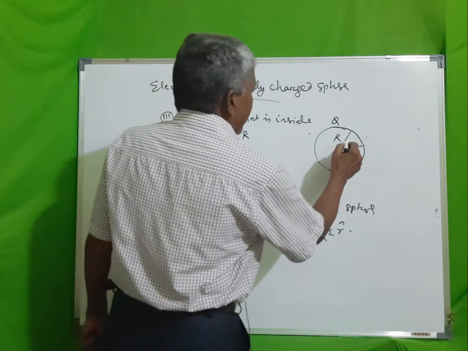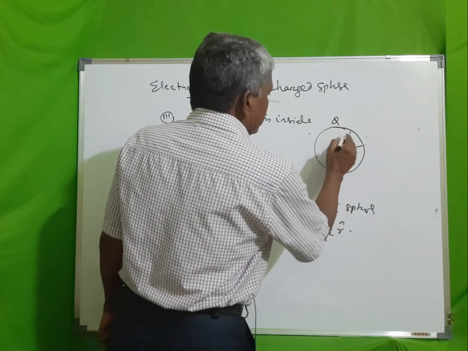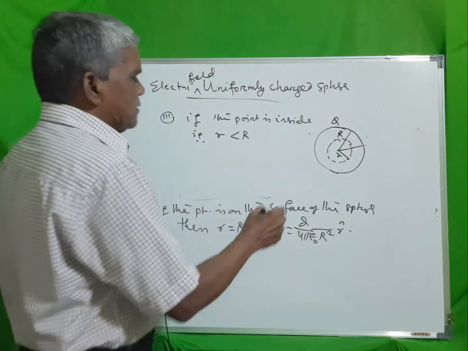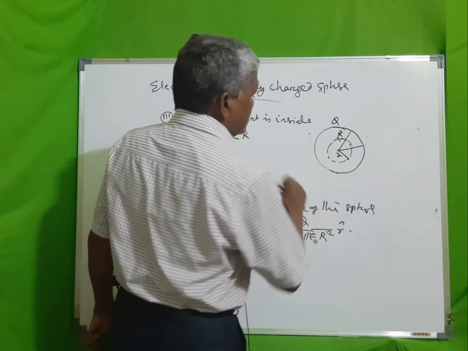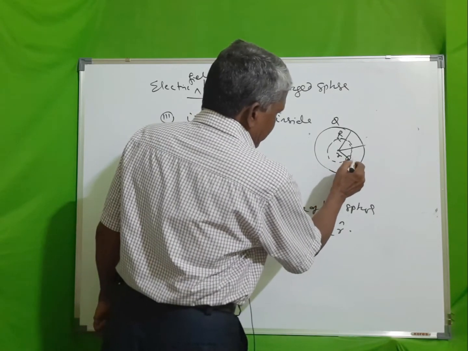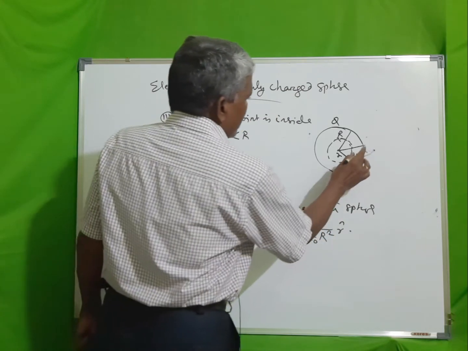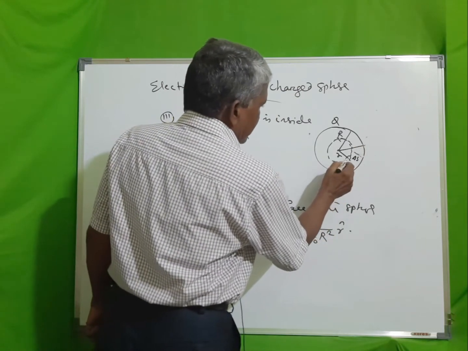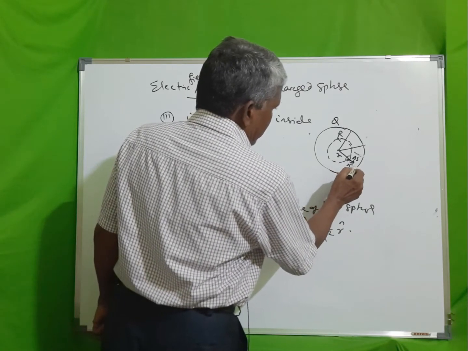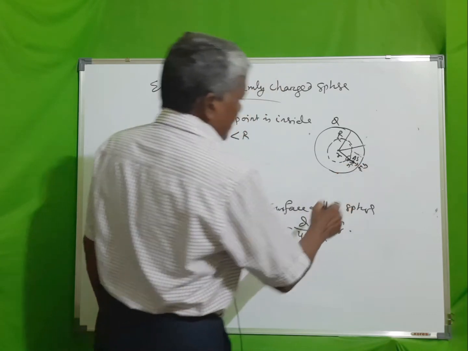Now imagine a Gaussian surface at distance r. At this point, let delta S be a small area. For this, the area vector and field vector again are parallel.